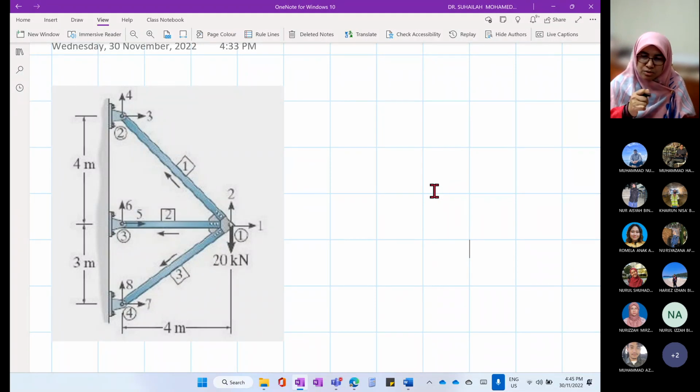The wording is in the textbook, so please read the textbook. The textbook is also in your OneNote. We have to divide the structure into a series of finite discrete elements.